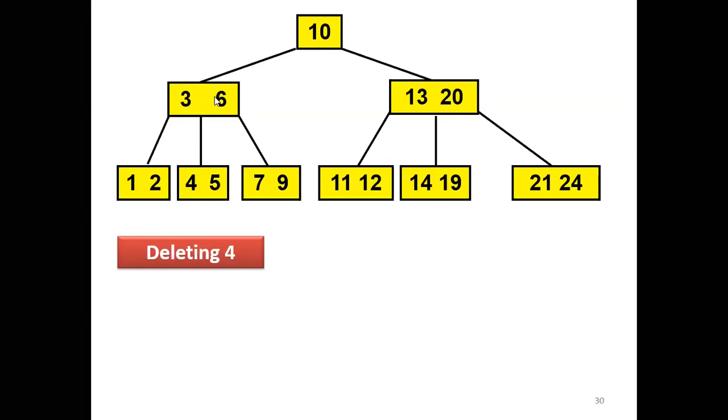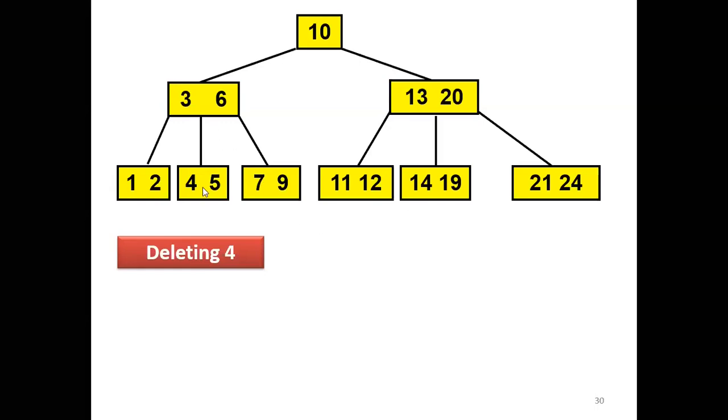But if we make it 10 at this point, then we're going to have a situation where this violates the B tree properties. So it is at this point that we need to combine the nodes to restore this tree to the B tree properties.